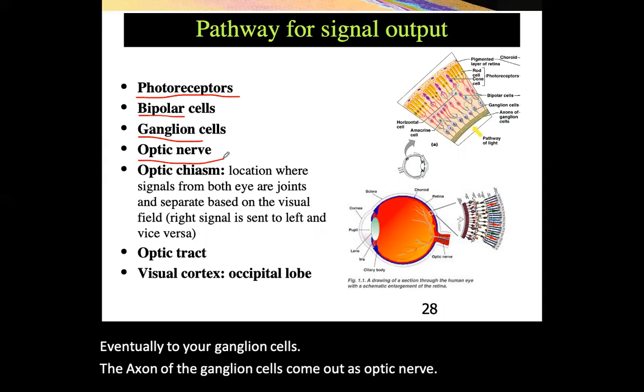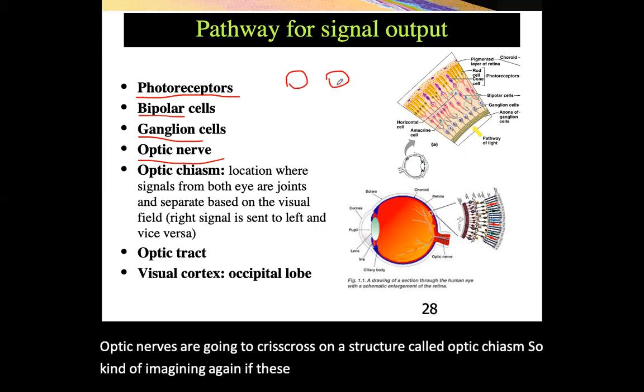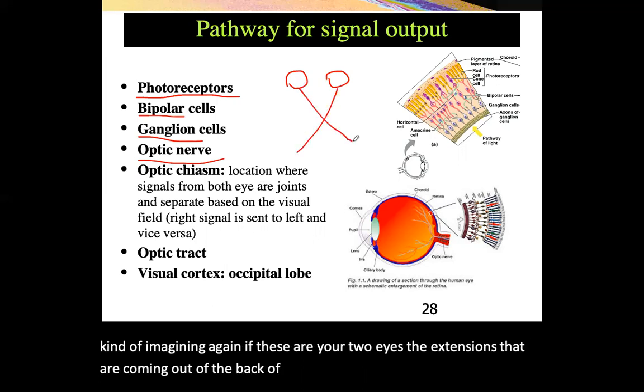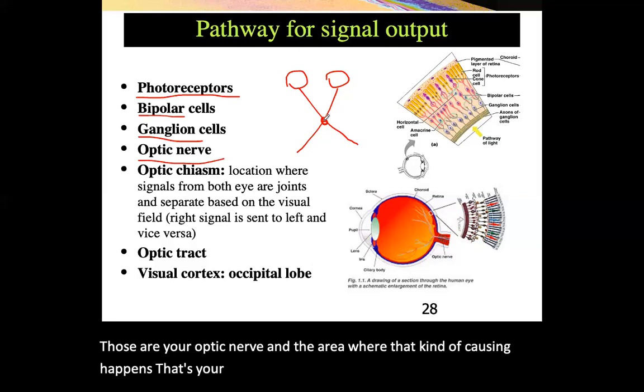Optic nerves are going to crisscross at a structure called the optic chiasm. So imagine, again, if these are your two eyes, the extensions that are coming out of the back of the eye are your optic nerves, and the area where that crossing happens is your optic chiasm.